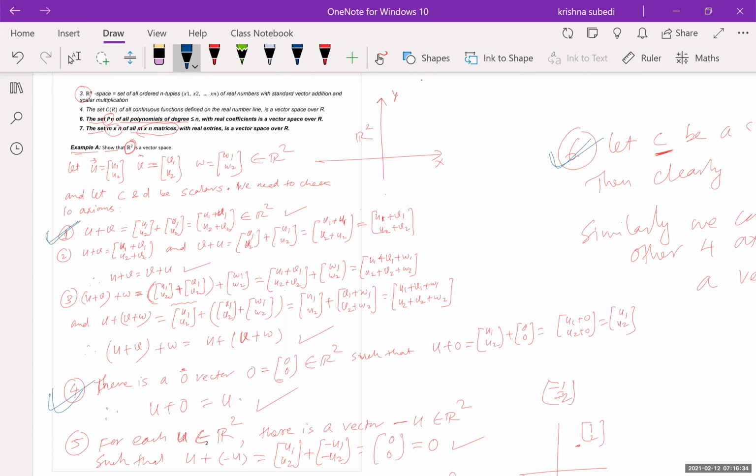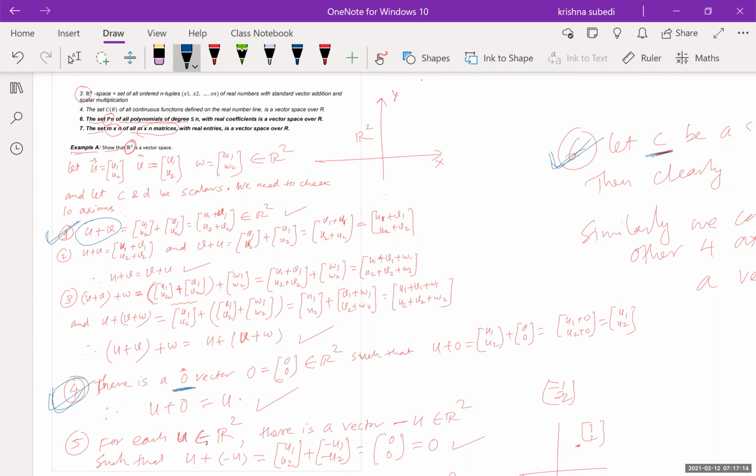Closure under addition, which means if u and v are two vectors and u plus v also belongs to the same space, we call it closed under addition. Another axiom is there is a zero vector, and another axiom is multiplication by a scalar. If the space satisfies those three conditions, then it will automatically satisfy all the other conditions. We'll prove that, we'll discuss in more detail later, but at this moment, just remember at least those three conditions.